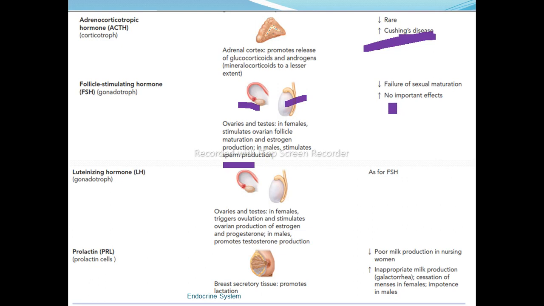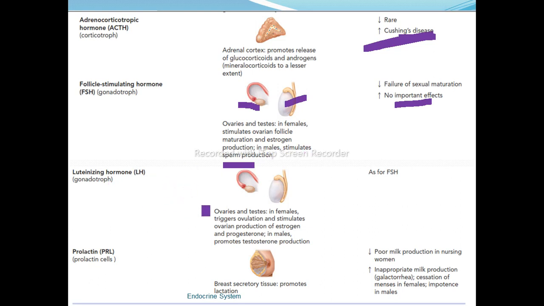An increased amount has no important effect, but sexual maturation failure is due to a little production of follicle stimulating hormone. The other is luteinizing hormone.